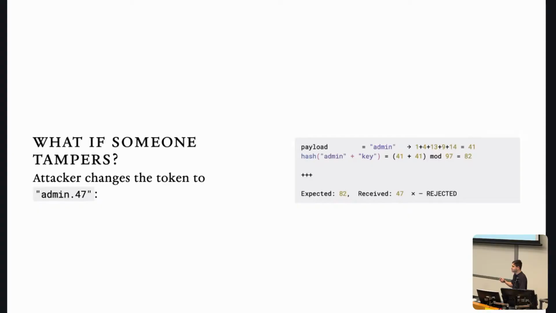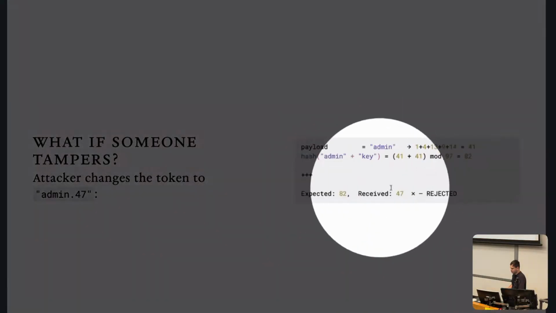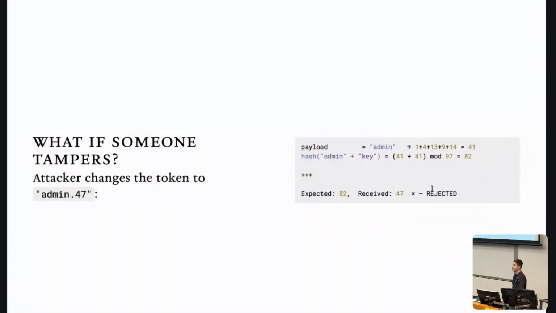The client doesn't know the secret, so they just leave the signature with what it was. The server receives the payload and the signature, recomputes the hash, and obviously you'll get a mismatch. And so the server can then reject that request.